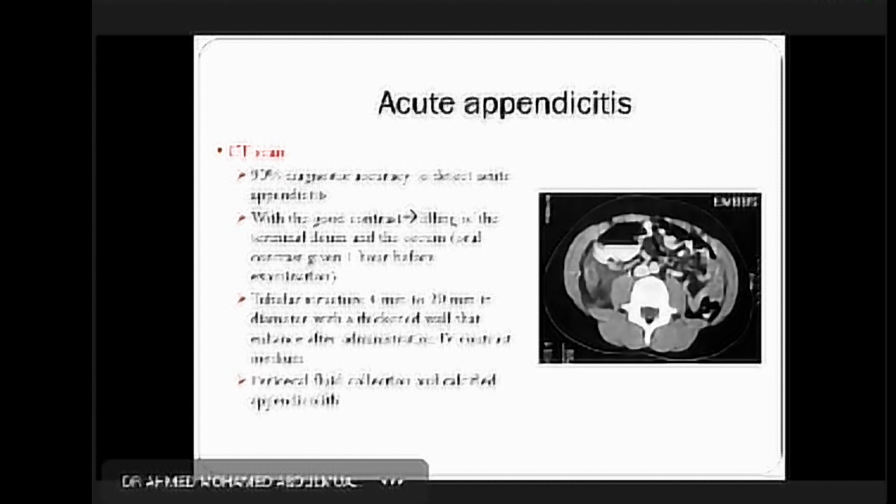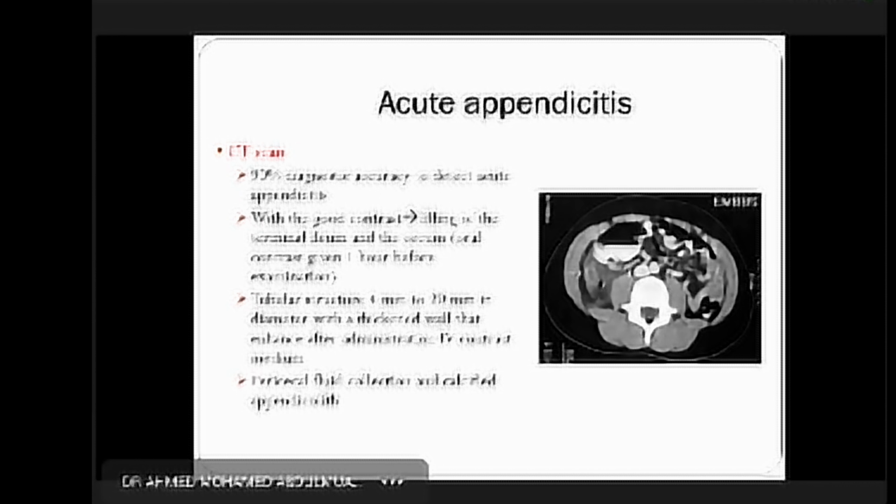CT scan is good for looking for acute appendicitis, with 90% diagnostic accuracy, and with good contrast there can be filling of the terminal ileum and the cecum because we give oral contrast. Then there is a tubular structure 4 mm to 20 mm in diameter with a thickened wall that will enhance after administration of IV contrast. You can see it here, and sometimes cecal fluid or collection can be seen. And if there is any appendicolith, it can be easily seen.